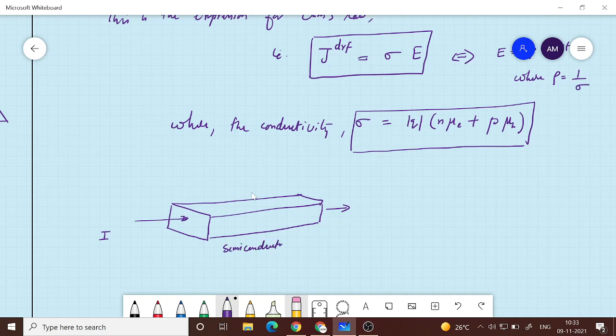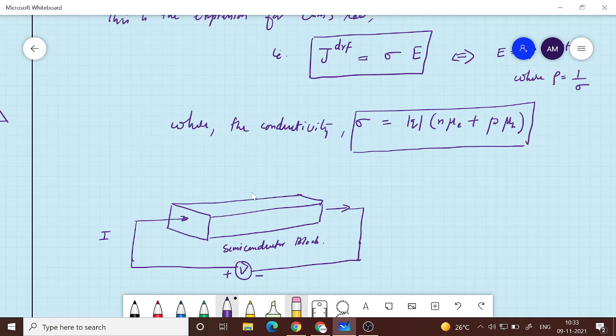Now we apply some voltage across it, say plus and minus.